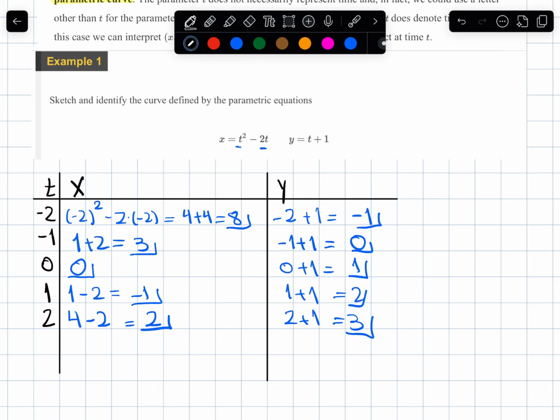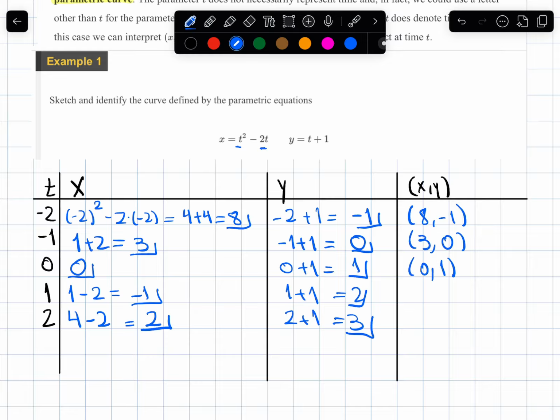And one last column in my table, just because I want to, you don't have to do this yourself every time, is to make it very clear what the xy pair itself is. It's 8, -1, and then 3, 0, and then 0, 1, and then -1, 2, and then 2, 3.